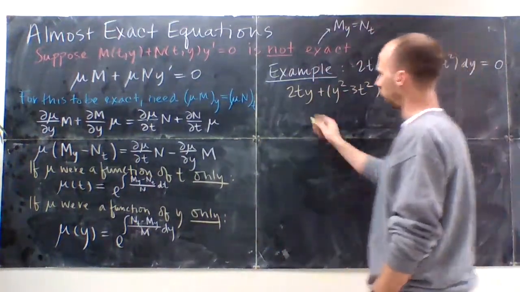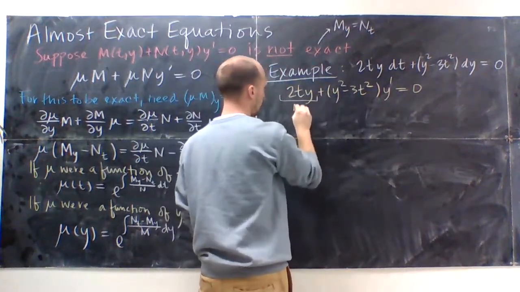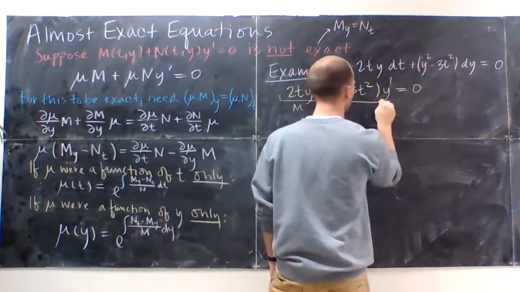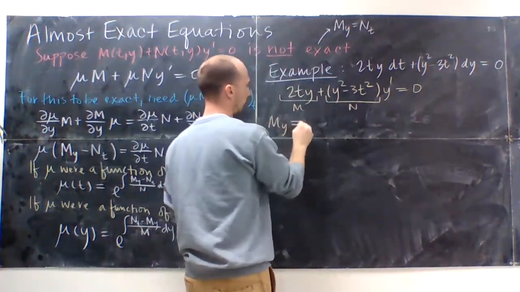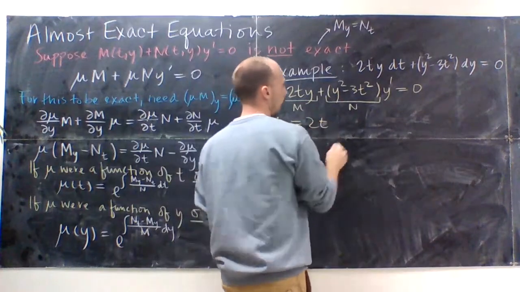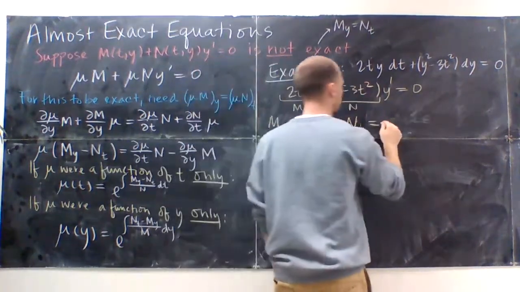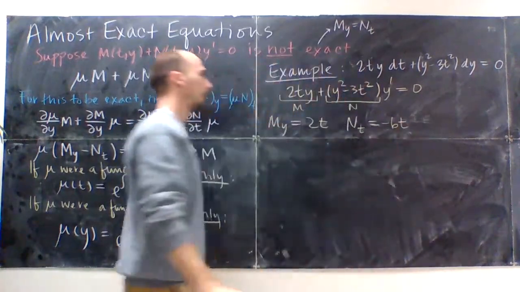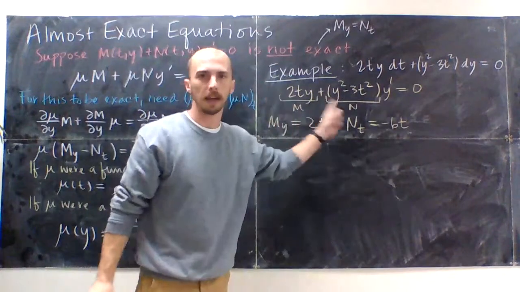So I'll take the derivative with respect to y. I'll say that's m, and that is n. So my is going to be equal to 2t, and nt is going to be equal to negative 6t. These are not the same, therefore this equation is not exact.